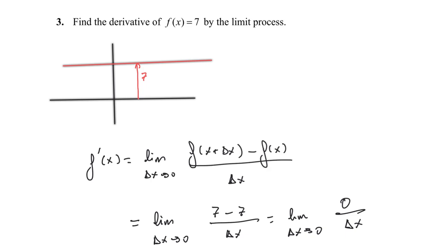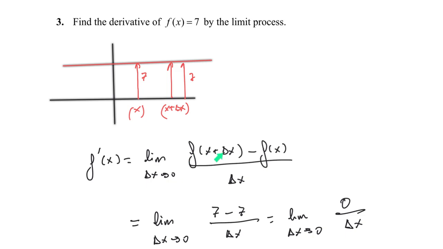The next problem says, find the derivative of f of x equals 7. So the function f of x equals 7 is a constant function. And a constant function doesn't change. It's always 7, 7, 7, 7. So there is no change. This will say that if you choose the point x here and the point x plus delta x here, f of x will be 7, and f of x plus delta x will be 7.